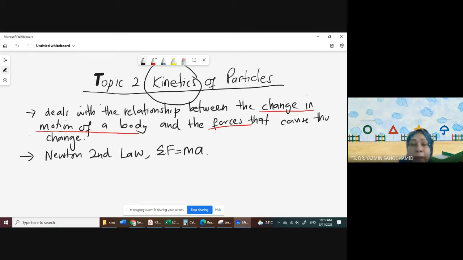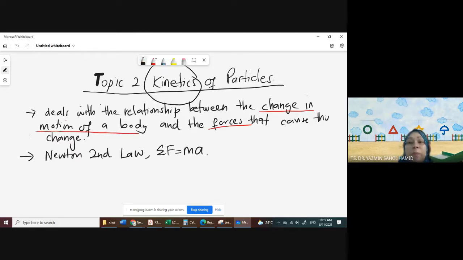So the particle that we are going to study will accelerate in the direction of the force, and the magnitude will be proportional to the force. All right. So this law can be applied based on the unbalanced force F, and measuring the acceleration a.